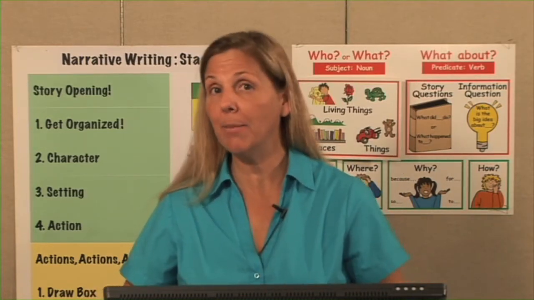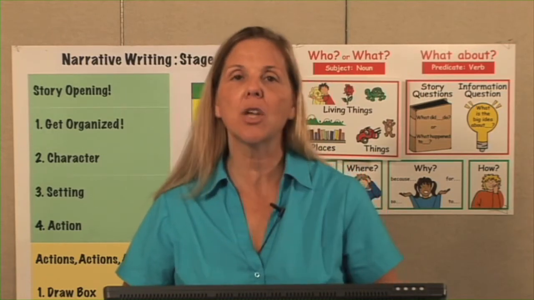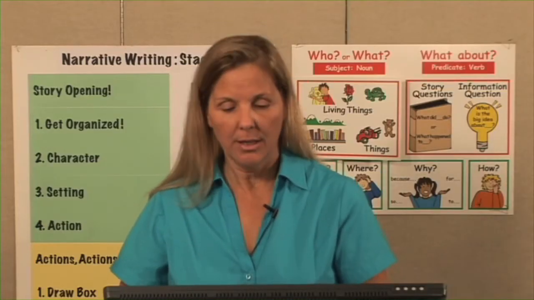I. So when you're writing about yourself, what word will you use? I. Go ahead and say your sentence so far. I. We're going to look at action. We're going to look at what about you? What are you doing in your picture?